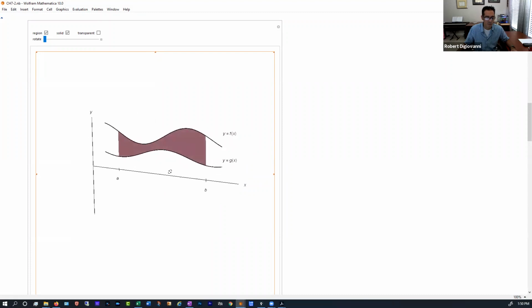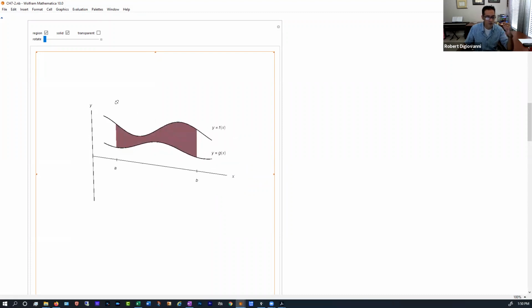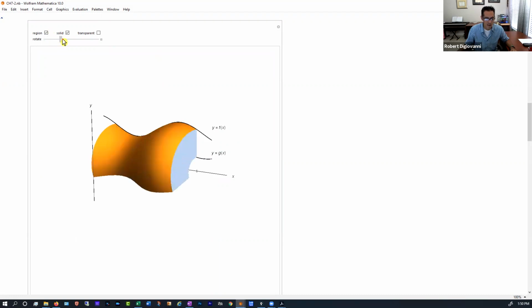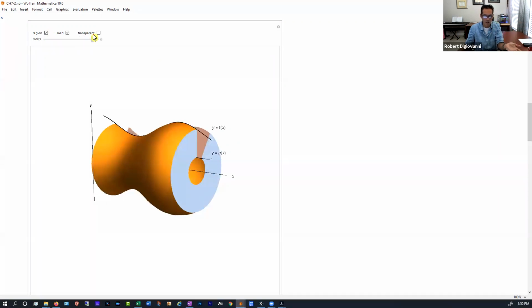Then we want to imagine taking this entire region and rotating it around the x-axis. And as it rotates through space, it leaves a trace behind it and it's creating a solid. Do y'all see that?